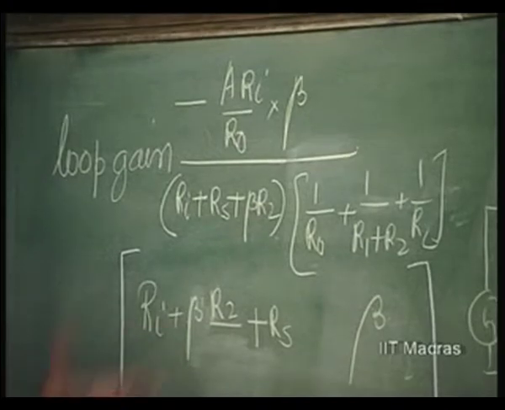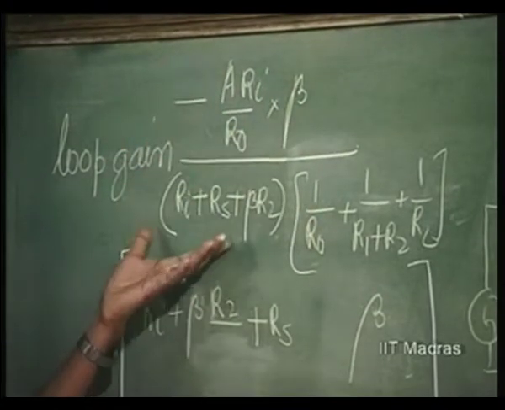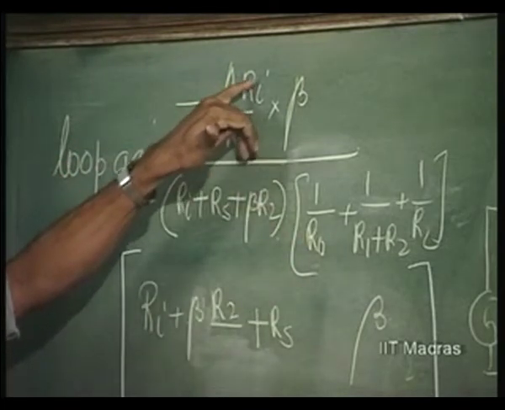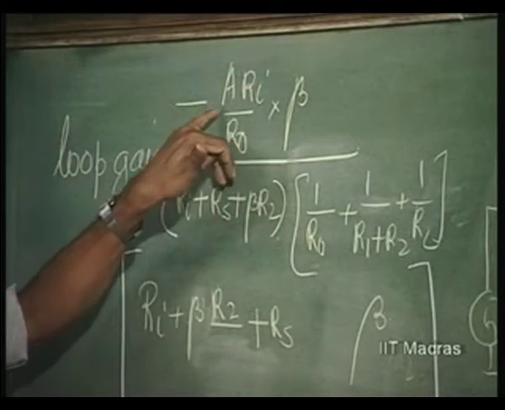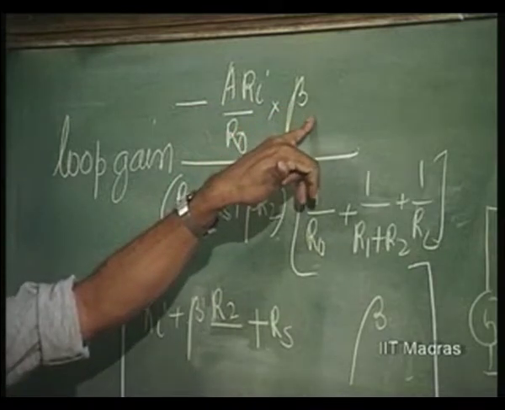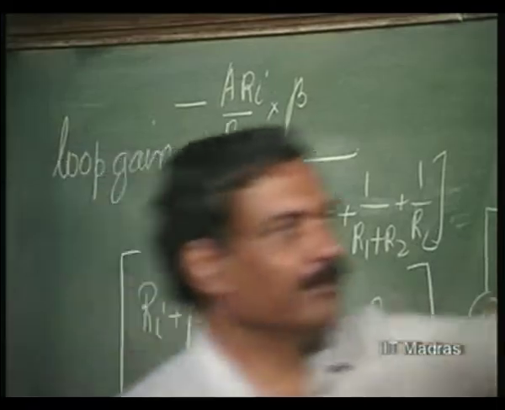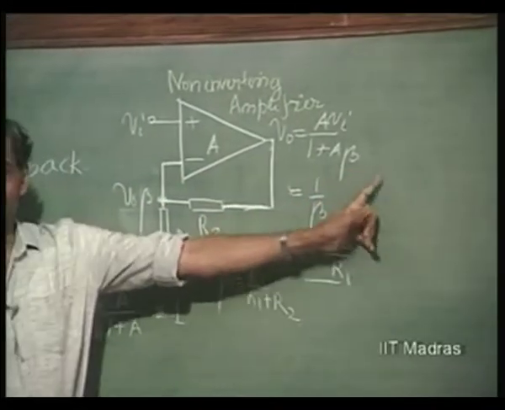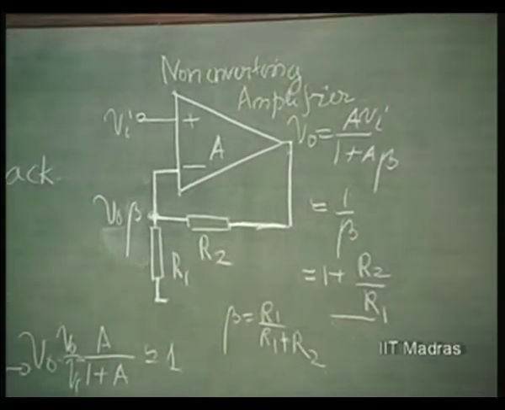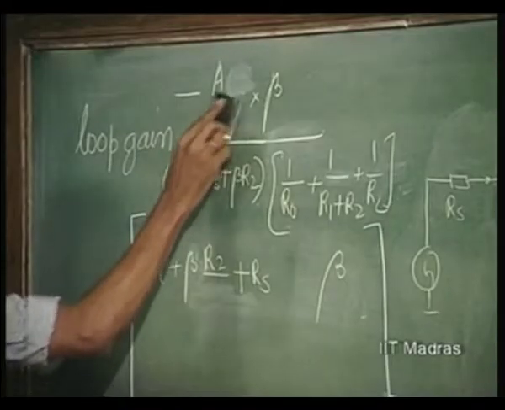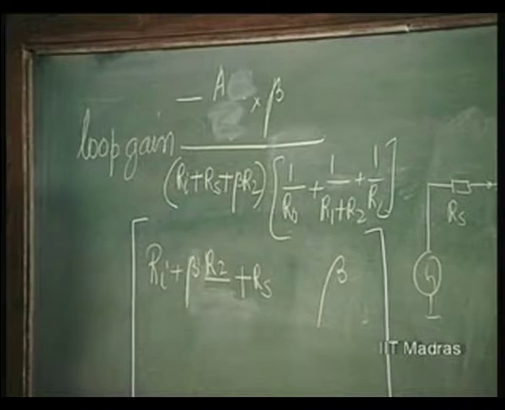Generally this loop gain is going to remain very high, and this Ri by R naught will get cancelled with this Ri by R naught, and it is really A into beta, which we had earlier defined as the loop gain there, A into beta. So, I will therefore take this Ri and take this R naught, and retain the actual loop gain as minus A beta.